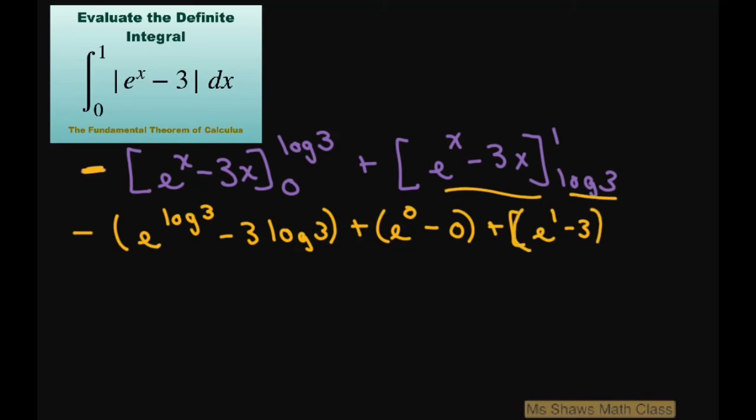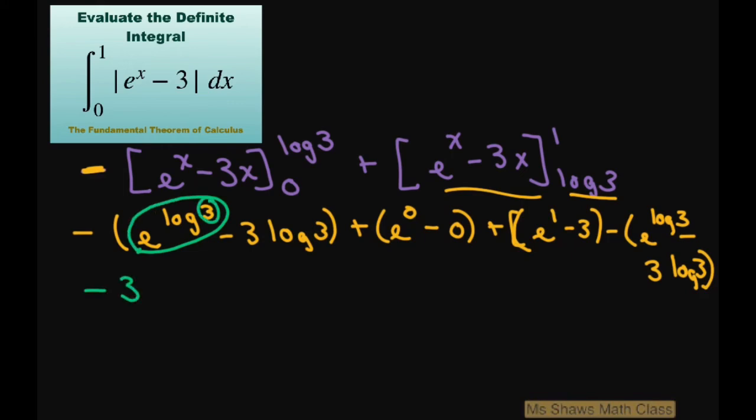Then substitute in log of 3. That's going to be minus e to the power of log of 3, and then minus 3 log of 3. I'm going to rewrite this a little bit. This right here is just 3, like I said before, so that's going to be minus 3 plus 3 log of 3.